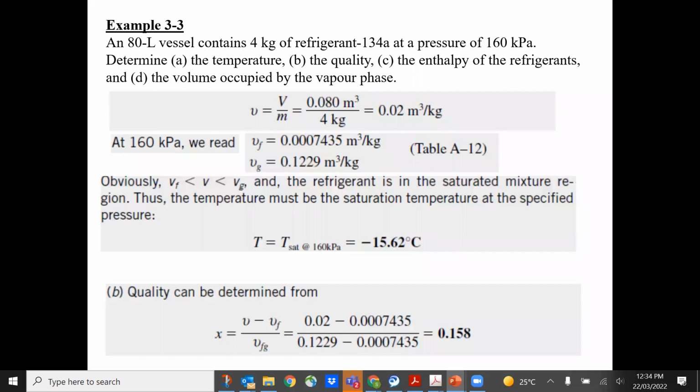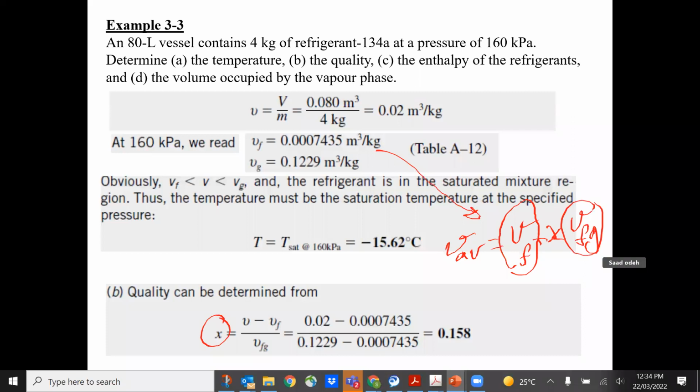You can find the X value because, remember quality, we said V average is equal to VF plus X VFG. If I know VF from the tables already, and VFG, the difference between these two, is already known, correct?